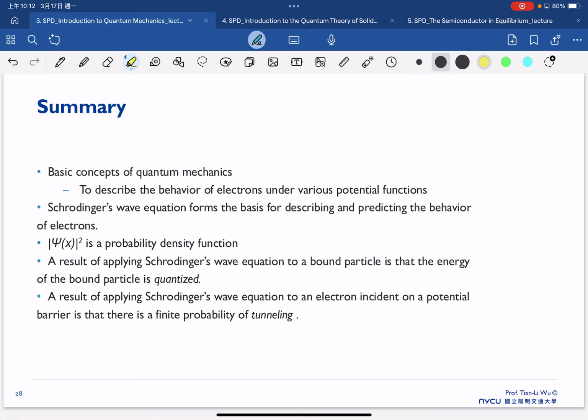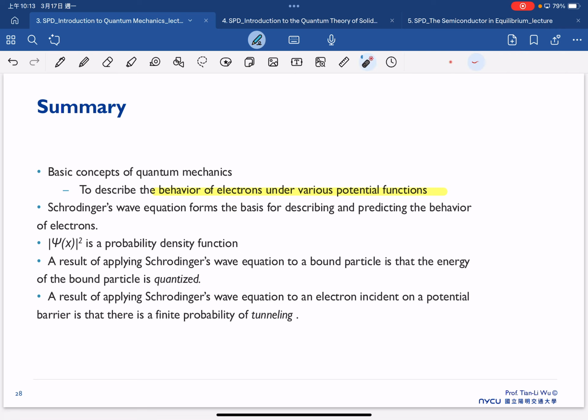And second, we have the concept of tunneling. So these are the two differences compared with conventional physics. The basic concept of quantum mechanics is to describe the behavior of electrons under various potential functions.